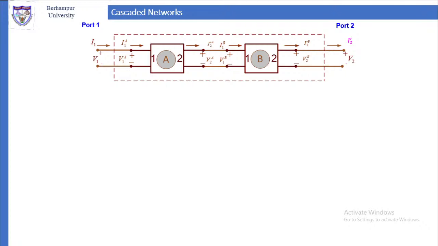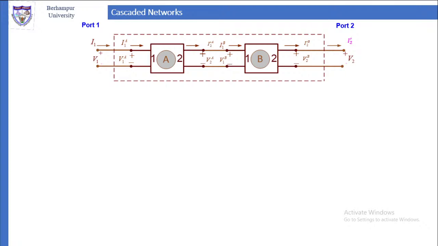So if there are networks which are cascaded, then how to find out the resulting ABCD parameter? Here, for simplicity, we are taking two networks. Now you can follow the same principle and keep on adding other networks. The first network is network A, second network is network B.